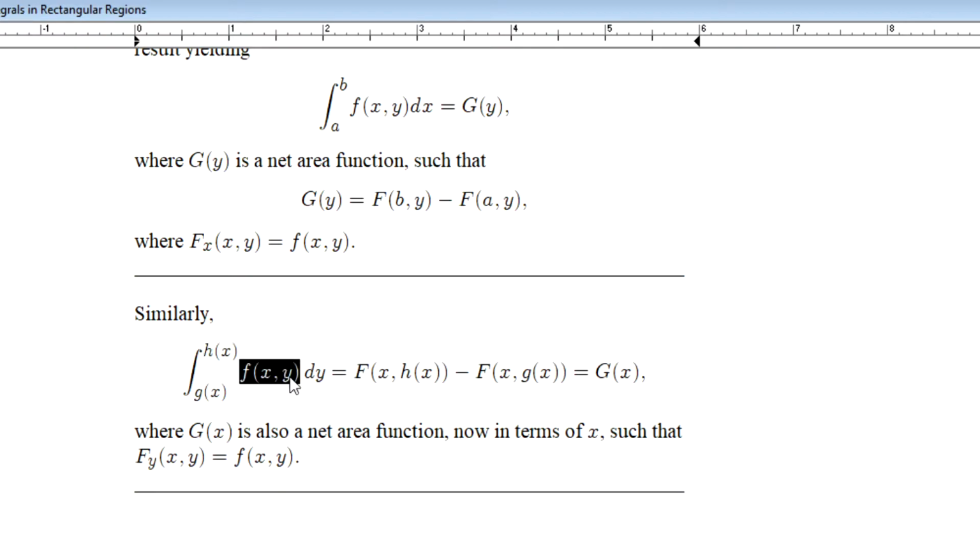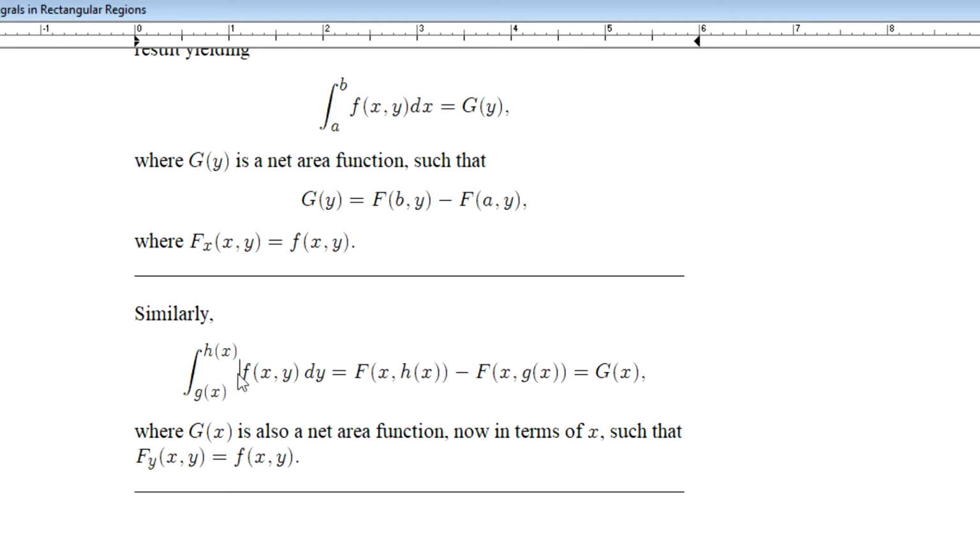You can see here, I have kind of reversed around our integration. I have set this up to have an understanding that is a little bit more along the lines of what we understand as double integration up to this point.